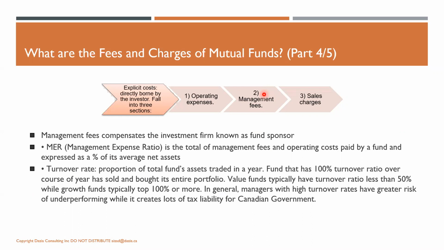So now we talk a little more about the MER, the management expense ratio. Most companies charge those other fees I just mentioned only sometimes, but the MER is always charged. All mutual funds will charge you an MER. It is the total of the management fees and operating costs paid by the fund, and it is expressed as a percentage of its average net assets.